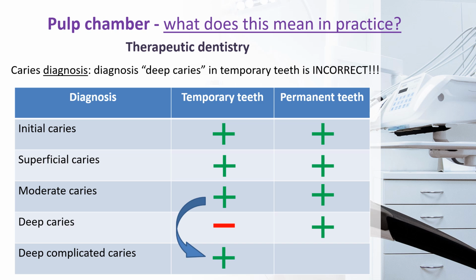What does it mean, deep complicated caries? Deep complicated caries means pulpitis or periodontitis. And temporary teeth can have deep complicated caries like pulpitis and periodontitis. And of course, permanent teeth can have diagnosis of deep complicated caries.